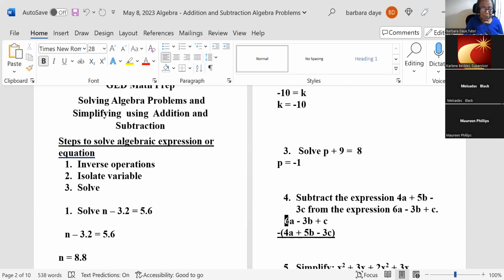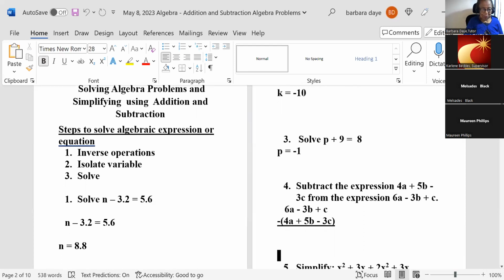Somebody want to give me an answer? Maureen, you got an answer? I got 2A, 2B, 2C. Right, so I do the 6A at the top and the 5B. What's your answer? I get 2A, 2B, 2C.